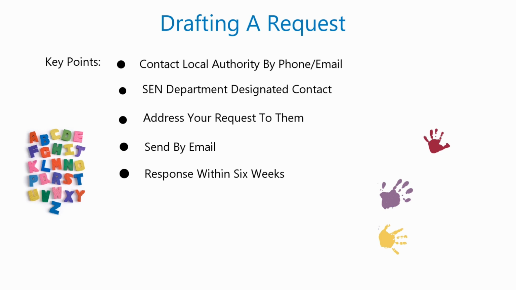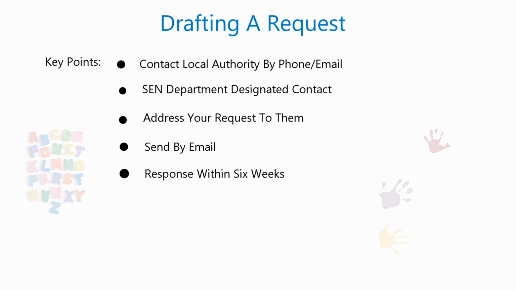Find out the name of that person and address your request to them. My view is to send the request via email so that you can track it and make sure that it's responded to within the statutory timescales. And just to recap, from making your request, the local authority must process it and reach a decision within 6 weeks. Right, so let's draft the example.